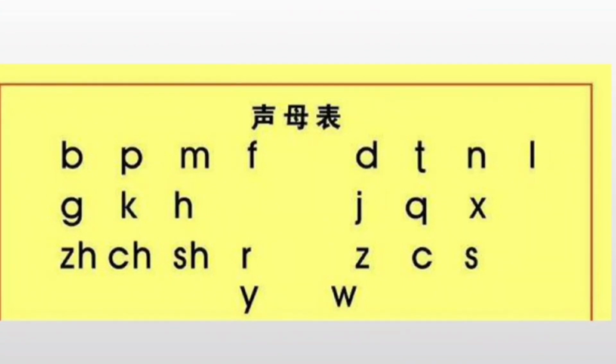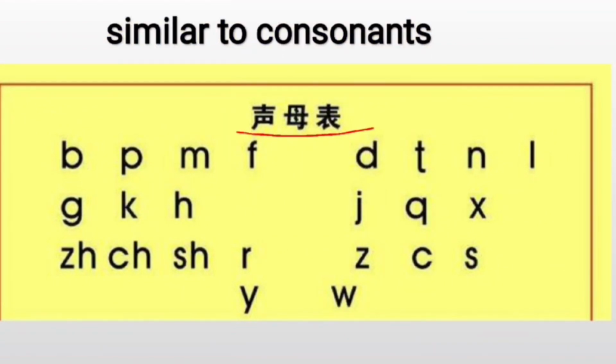The first one is one part of Pinyin. It's called 声母表. If you try to make the sound of this, it sounds pretty similar to the consonants. Let's try to make the sound.